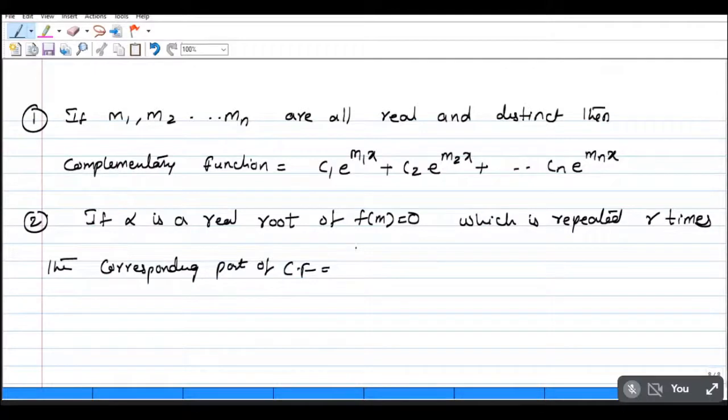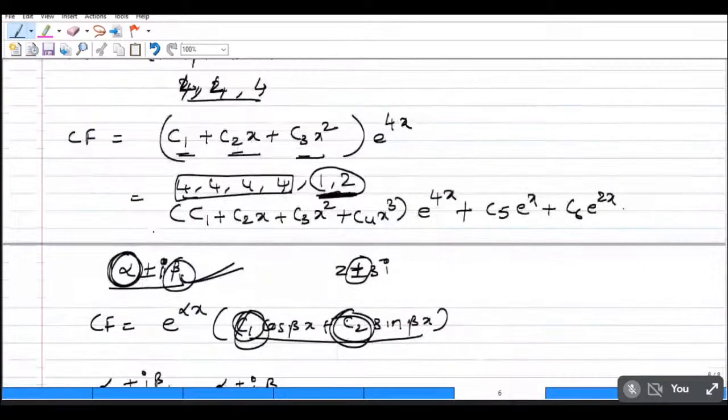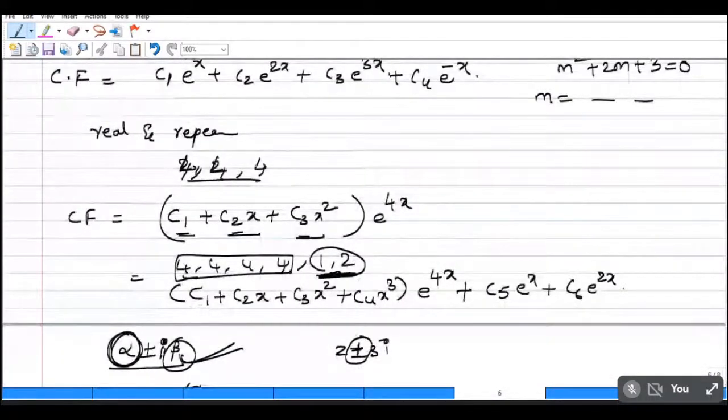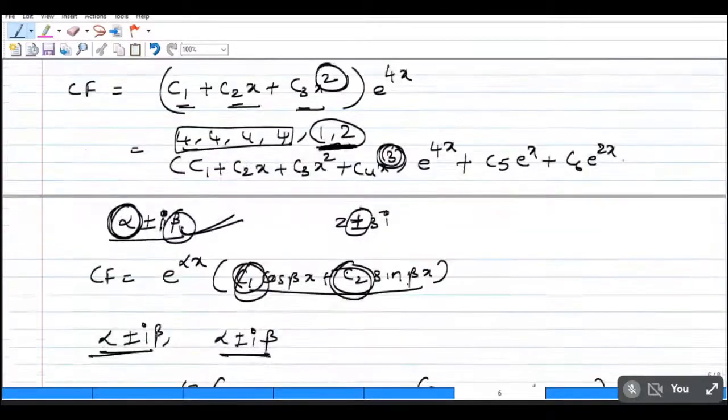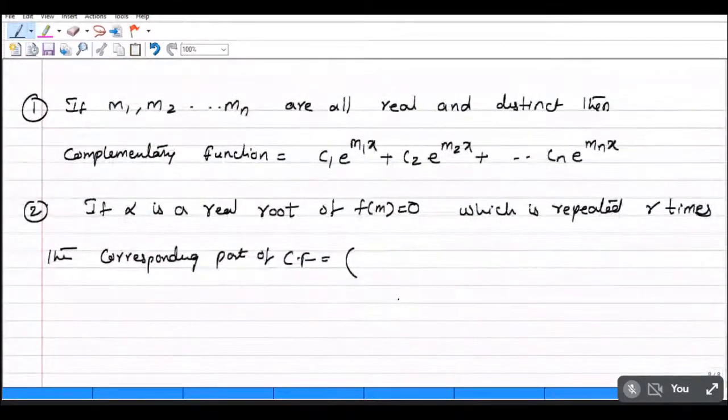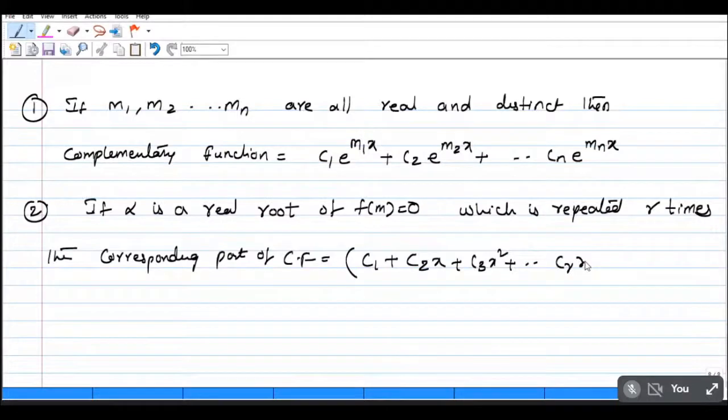If 4 is repeated 3 times, we write up to x square. If 4 is repeated 4 times, we write up to x cube. Now alpha is a root repeated r times, then the complementary function is C1 plus C2x plus C3x square plus and so on CR x power r minus 1 into e power alpha x.